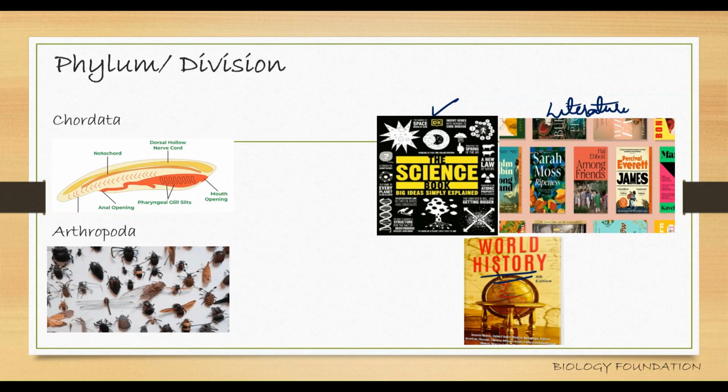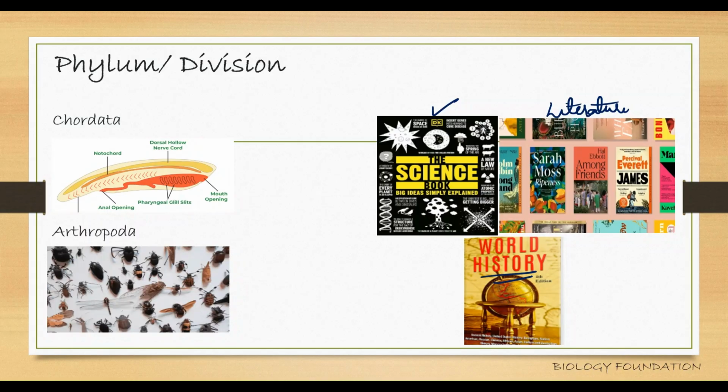So basically in the library you have many books. If you imagine the library to be a kingdom filled with many books, filled with many animals if it's the Animalia kingdom, or completely filled with many plants if it's the plant kingdom. Now try to understand, your books are separated based on the subject matter in them. Science related books are kept under one section.